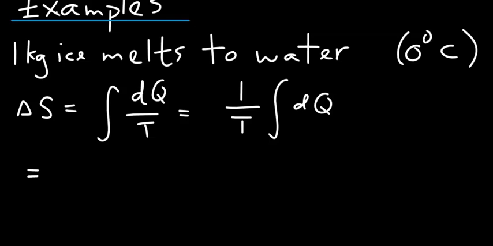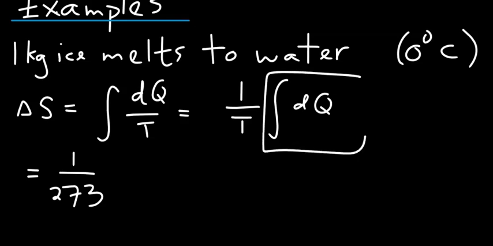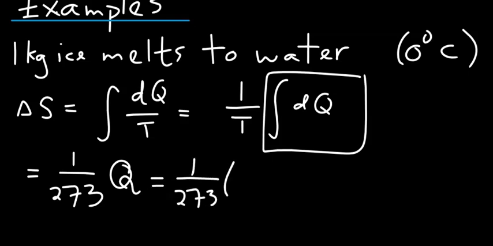T in Kelvin is quite simply 273; 0 Celsius equals 273 Kelvin. The integral of dQ is just the total heat. From our previous video, we know that Q is quite simply mass times the heat of fusion for water. Now the mass is 1 kg.